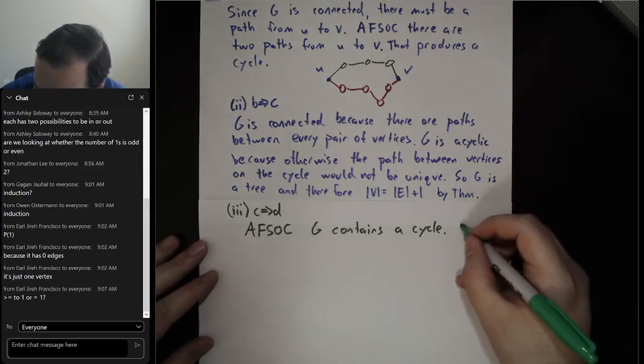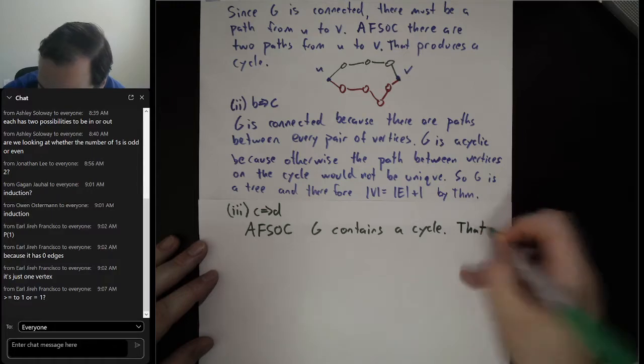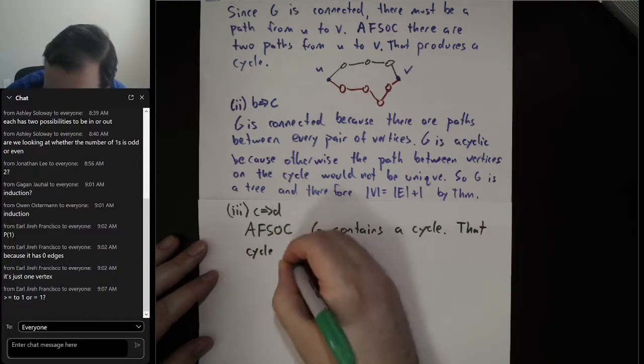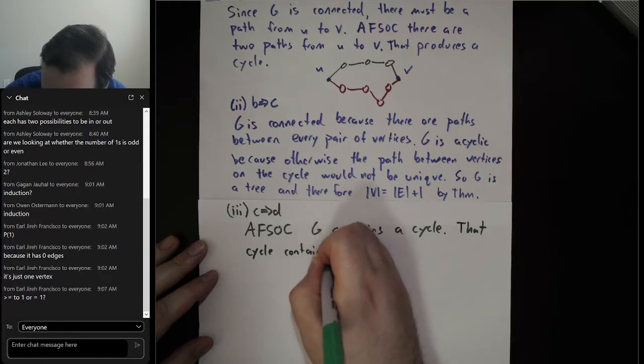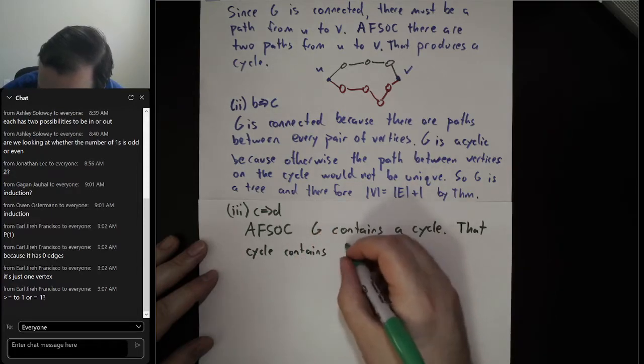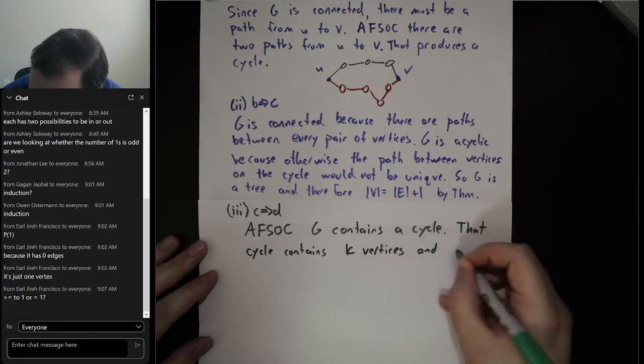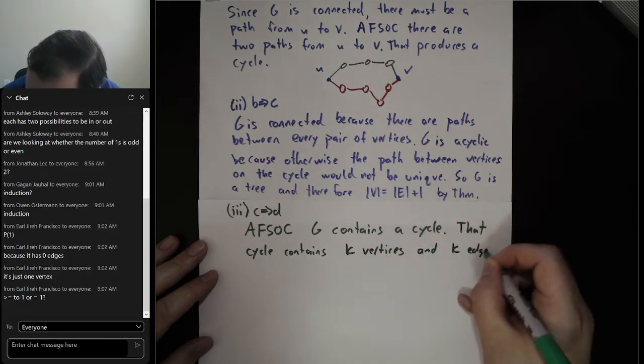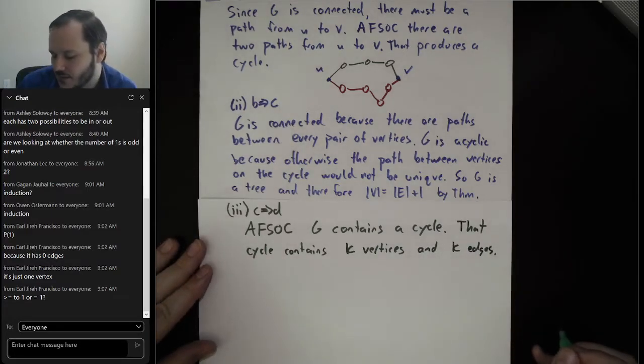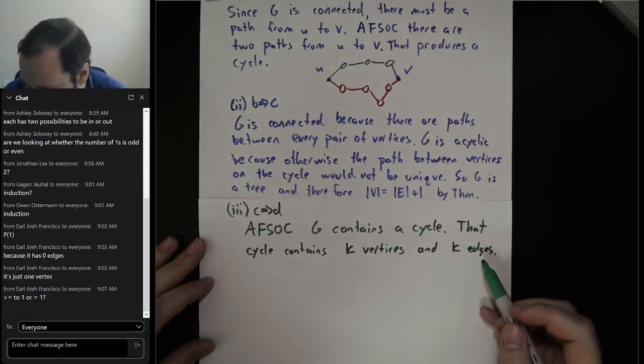So that cycle contains k vertices and k edges. I have these k vertices and k edges.